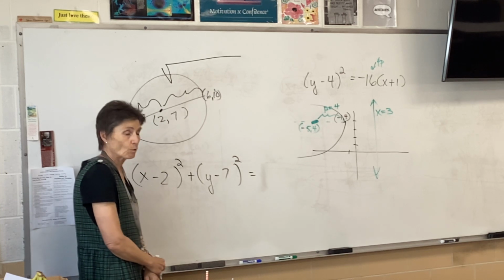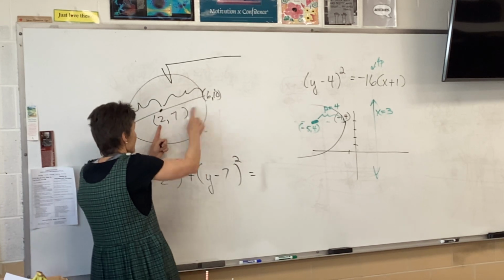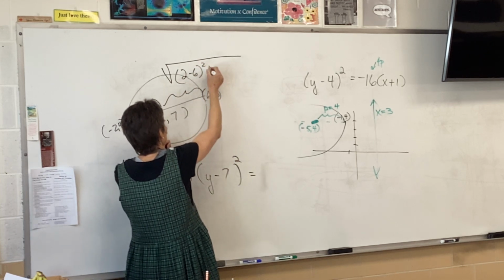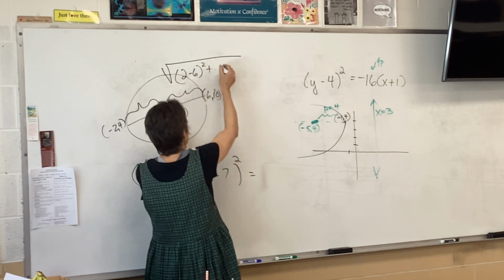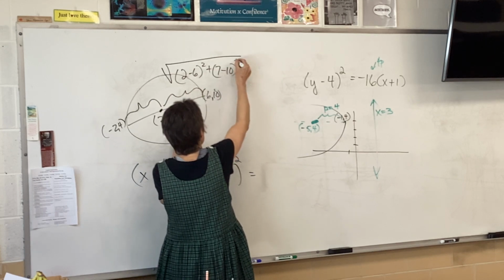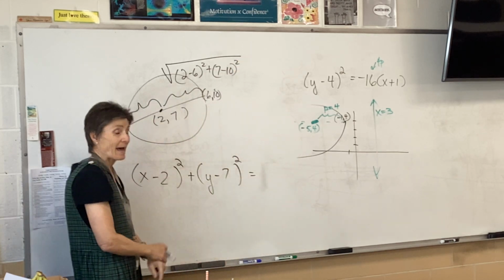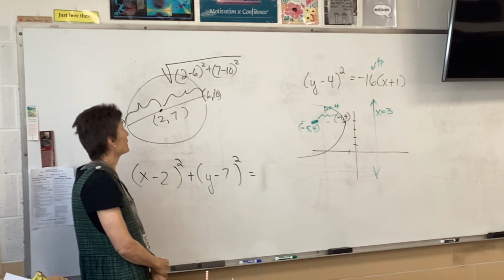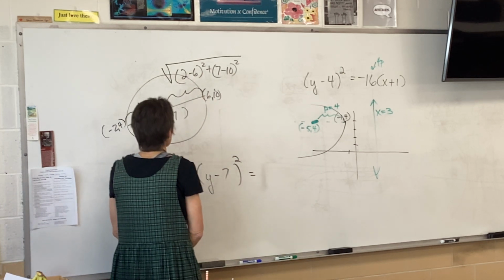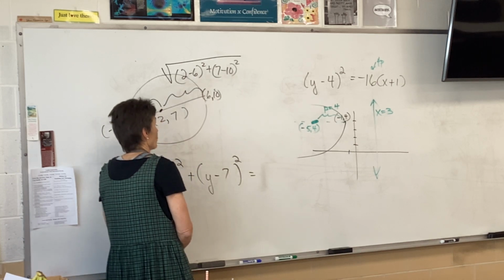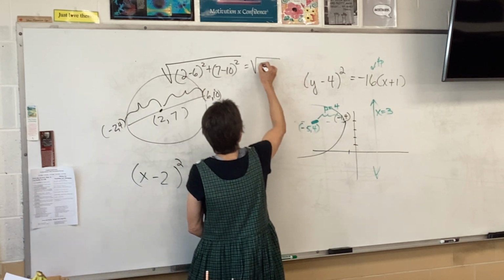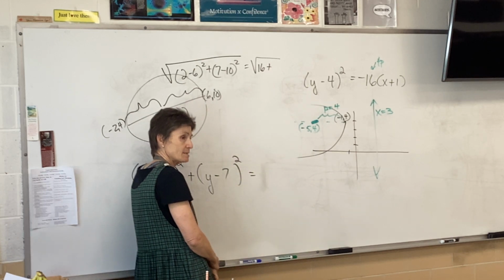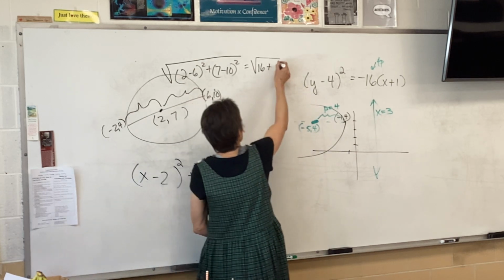The distance formula says, if you take x minus x and square it, y minus y and square it, add them together and take the square root, that will be your distance. So 2 minus 6 is 4, squared is 16. 7 minus 10 is 3, squared is 9.